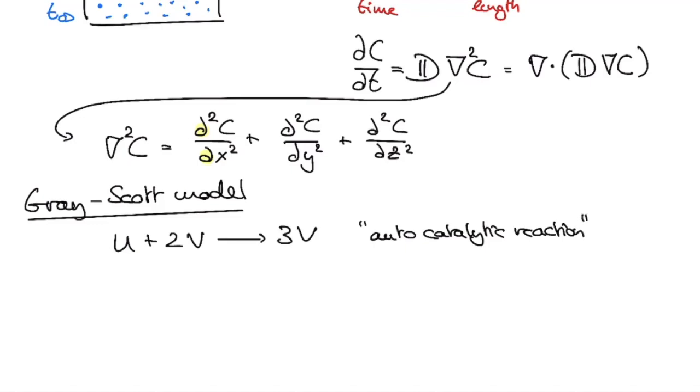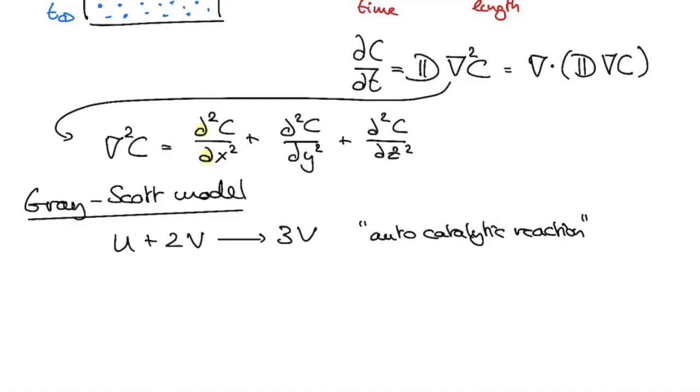Right? You can imagine if the reaction starts at a certain total rate, but I increase the concentration of V, then the overall reaction rate will go faster, right? Because I have a rate constant, k, and I would have k times U V squared.